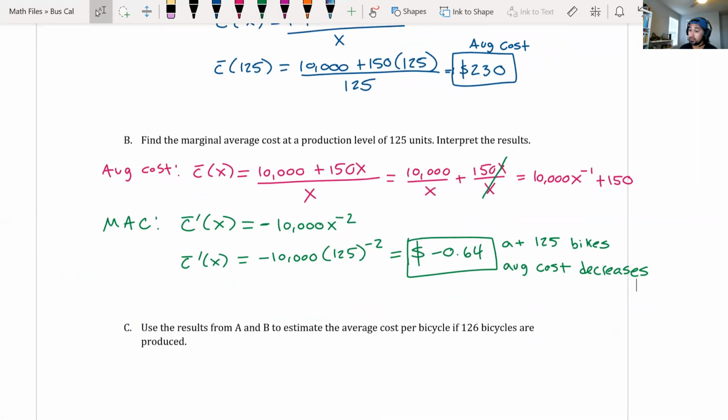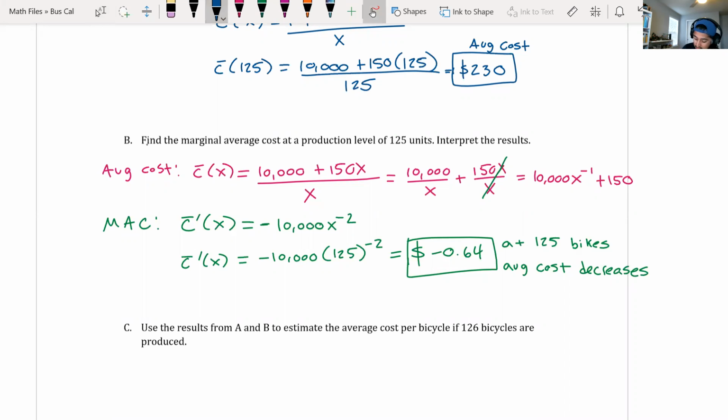The next question says, use the results from A and B to estimate the average cost per bicycle if 126 bicycles are produced. So what do you think we do here? If you look at answer A, how much does it cost to produce 125 bikes? 230.